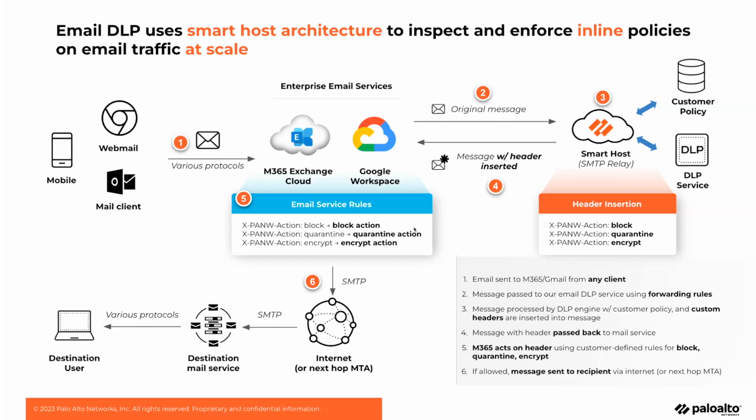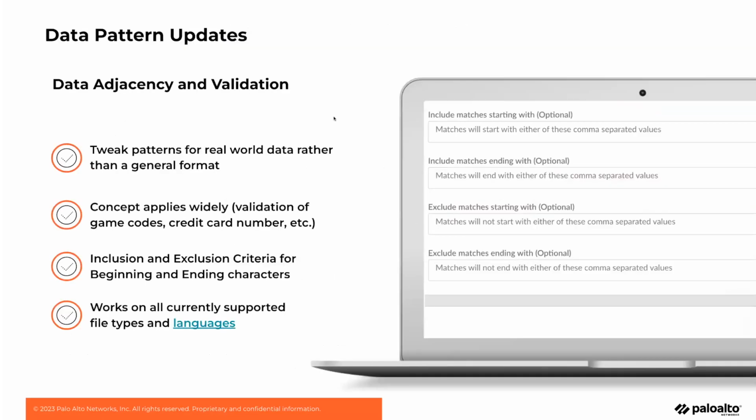If Palo Alto says block this email, the email service provider will block that. Block, quarantine, and encrypt are some of the standard actions. And if an email is okay from a DLP inspection perspective, then it is let go towards the outside and reaches the destination. So pretty simple, but very, very powerful.